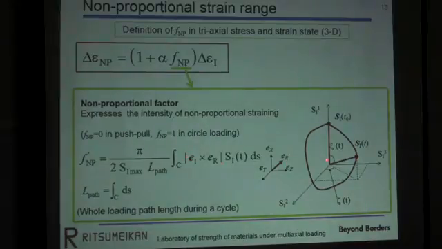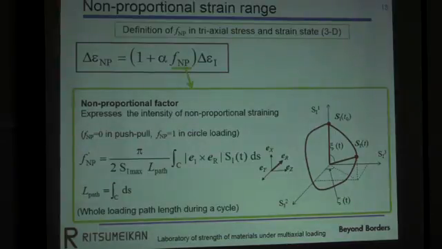I is the unit vector on the reference axis, and R is the unit vector at each time t in each principal direction. The cross is the outer product, and L path is the full length of the loading path. The integral over ds means line integration along the loading path.